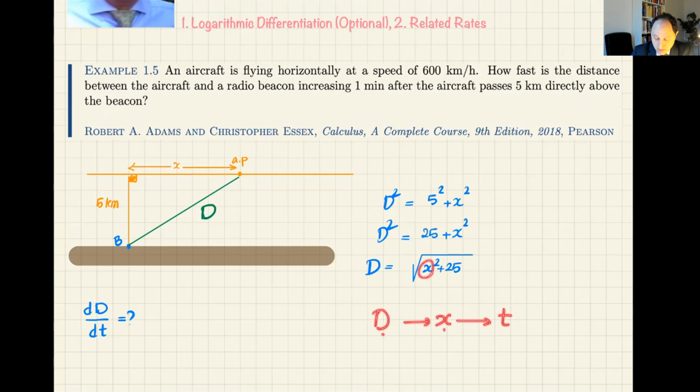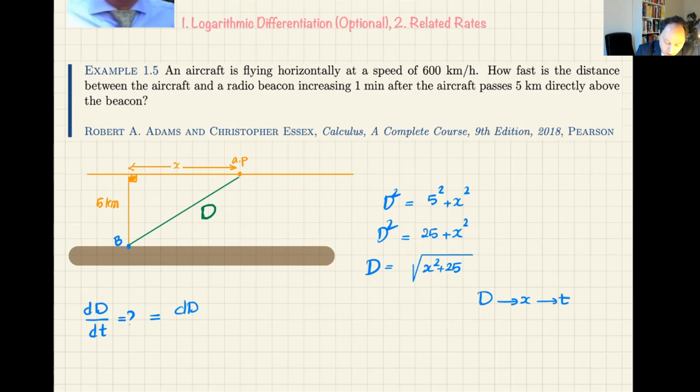D depends on X, X depends on T. I want to find the derivative of D with respect to T. Do you remember what I should do? Let me write this one for you. D depends on X, X itself depends on time, but my question is not D with respect to X, my question is the derivative of D with respect to time.